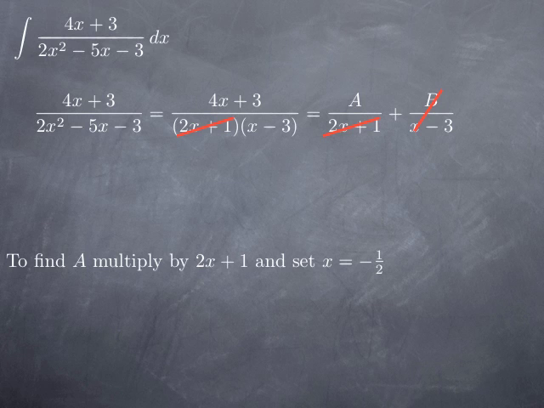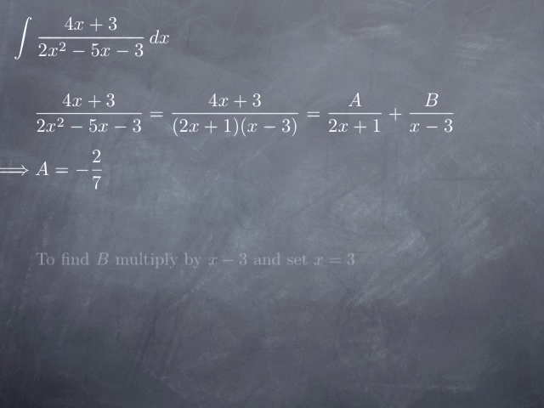So on the right-hand side we have only a, and on the left-hand side we plug in x equals negative 1/2. We get 4 times negative 1/2 is negative 2, plus 3 gives 1 at the top, and at the bottom we have negative 1/2 minus 3, which is negative 7/2. So we have 1 over negative 7/2, that's negative 2/7 for a.